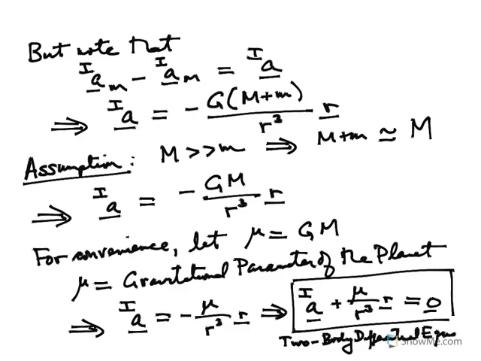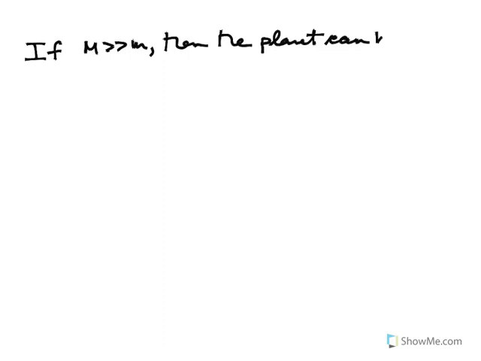Now, there's another thing about this equation that comes from the assumption that the mass of the planet is much, much bigger than the spacecraft. If M is much, much bigger than m, then the planet itself can be approximated to be an inertially fixed point.